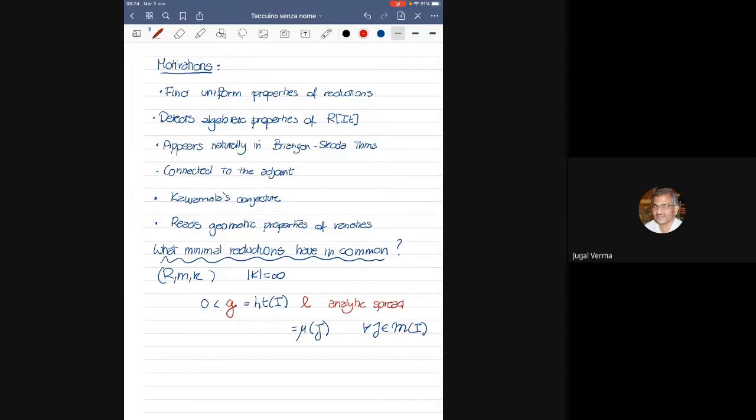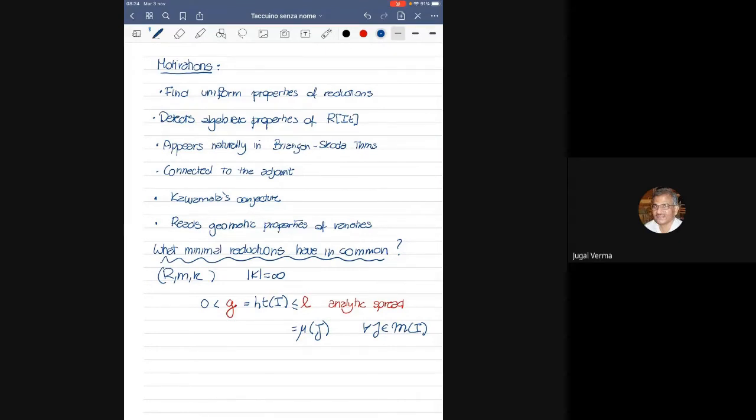Since reductions have the same radical as the ideal I, the height of the reduction and the height of I are the same. So by Krull's altitude theorem, l is bigger or equal than the height, so it's bigger or equal than g.